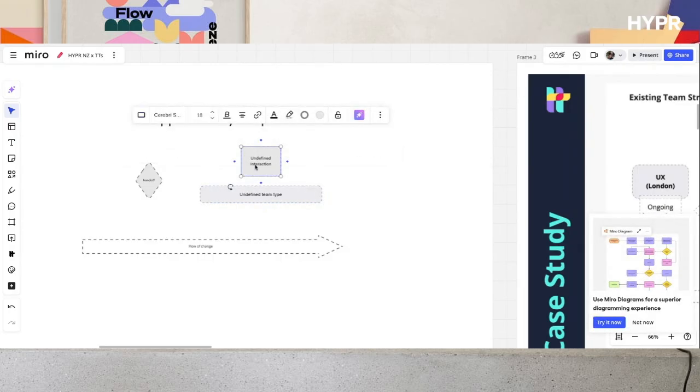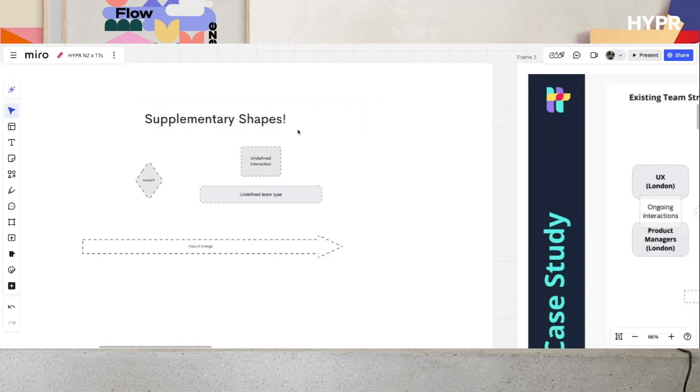Let's question how the teams are working together. If there's not a clean interaction pattern like as-a-service, we'll call it undefined. Or if they're not collaborating for a short time box, that's undefined.